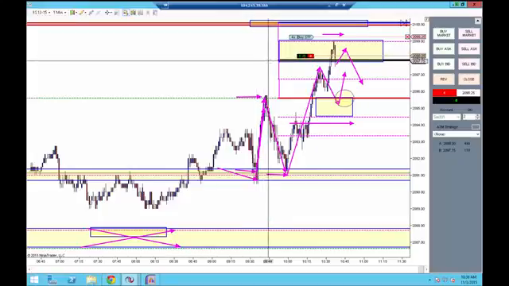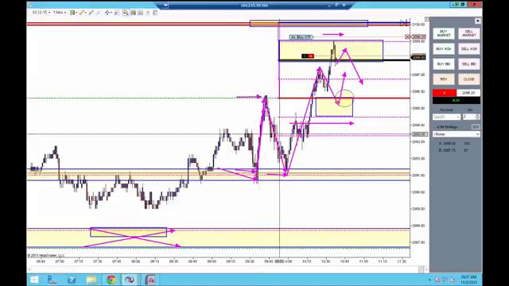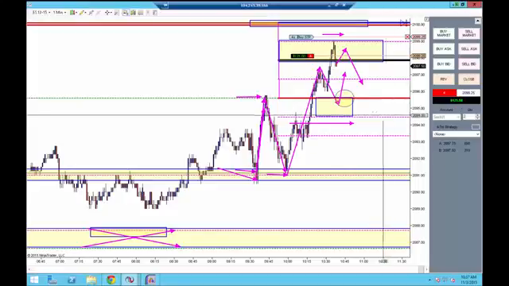Our balancing points really help us define stops, entry points, and everything. So watch your numbers there, guys. Watch what happens.